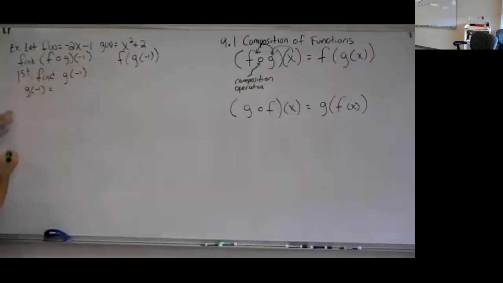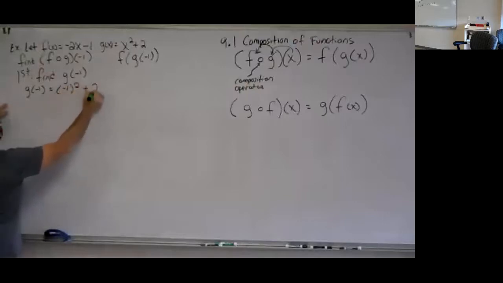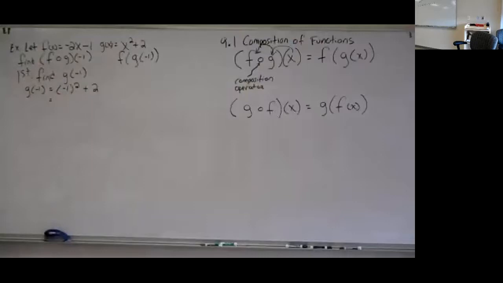All right, there we go. G of negative 1 will equal negative 1 squared plus 2. Y'all, I will warn you, if you do that on your calculator, when you put that negative 1 in there and square it, you better put it in parentheses. Because remember, a negative times a negative is going to make that a positive.